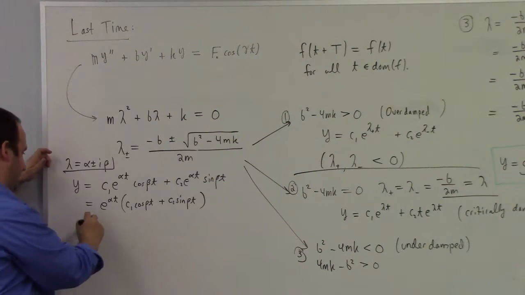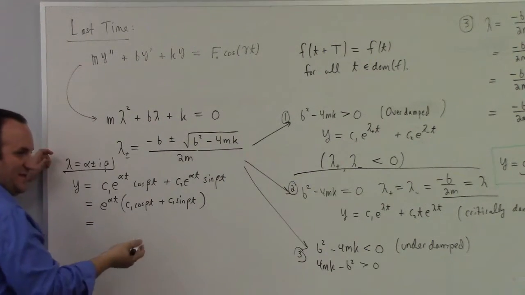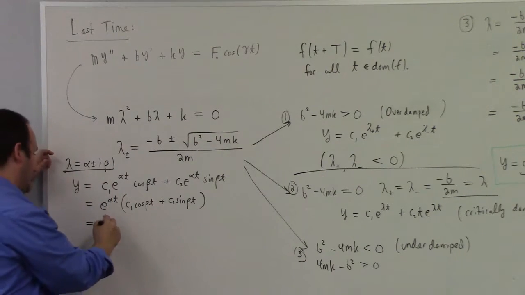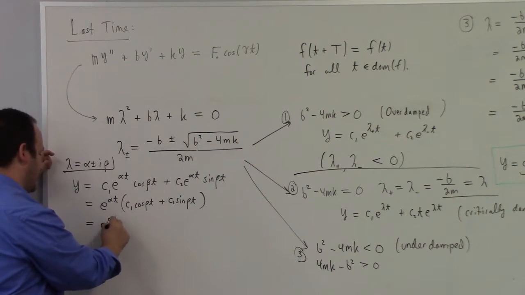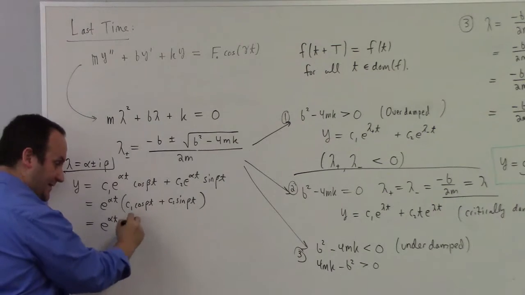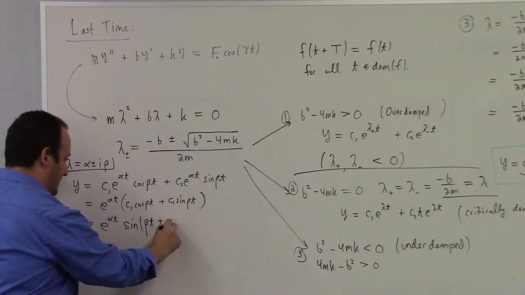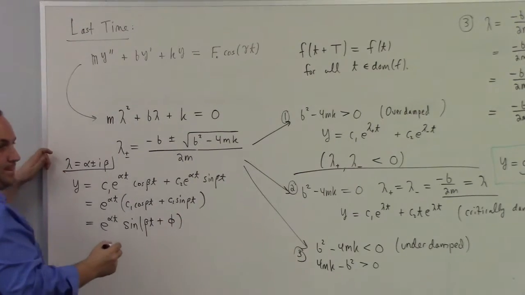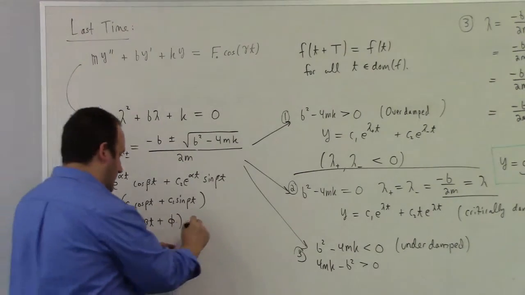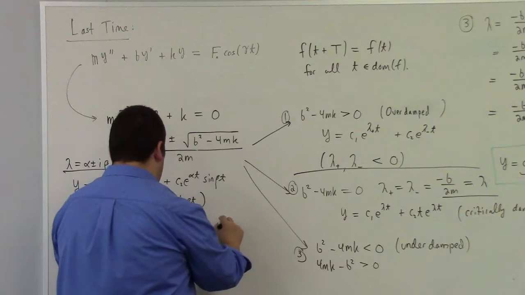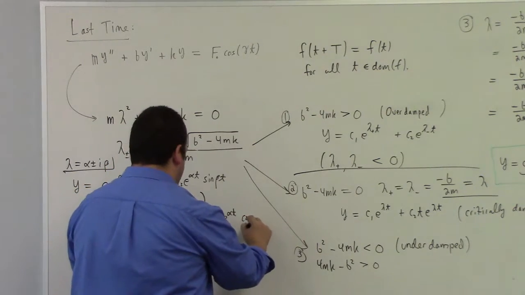But then, it's easiest for me to jump ahead and then work backwards in my explanation. It turns out you can rewrite this as just the sine of beta t plus some phase angle. Or you could also write it as e to the alpha t cosine beta t.